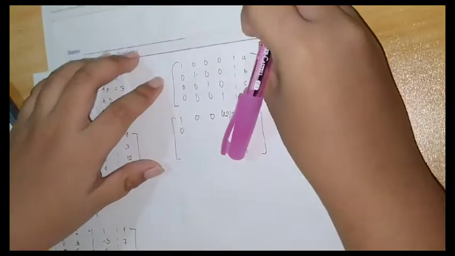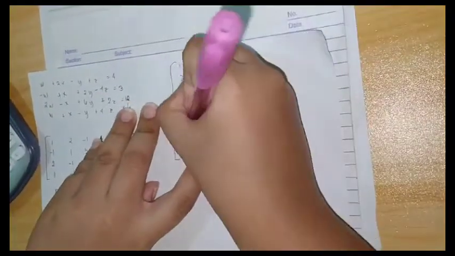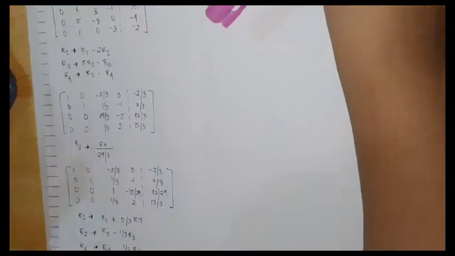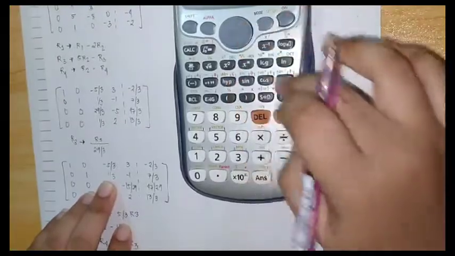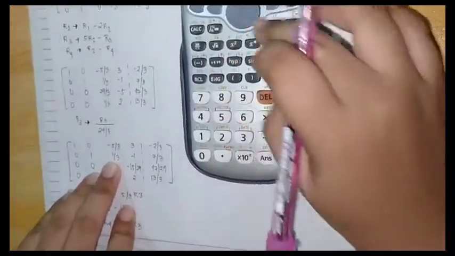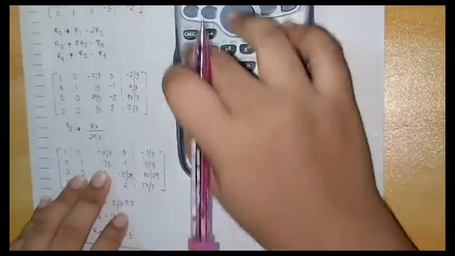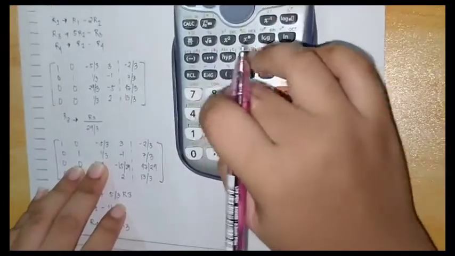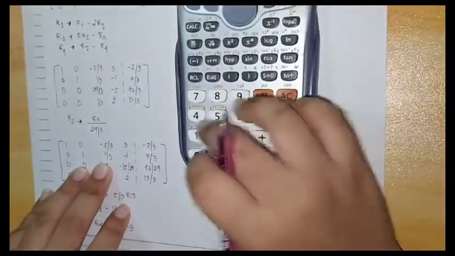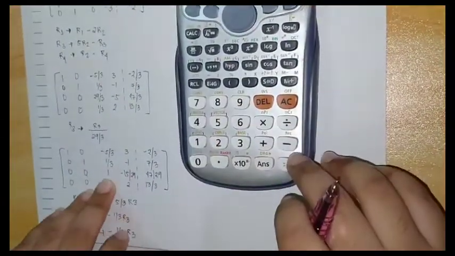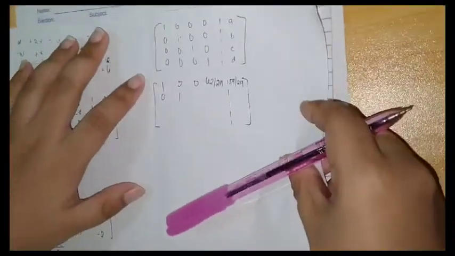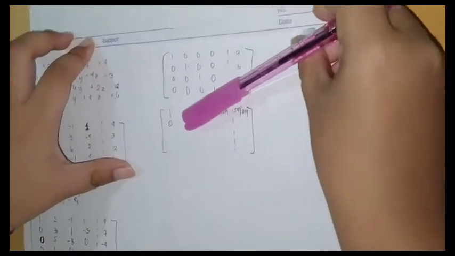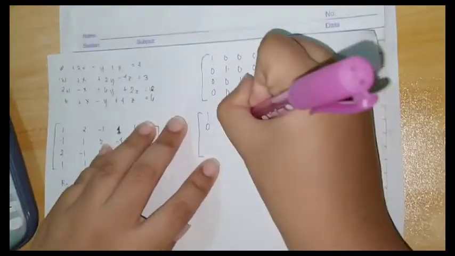So it doesn't change the diagonal form here. Next, 1 over 3 minus 1 over 3 times 1 equals 0. So 0.